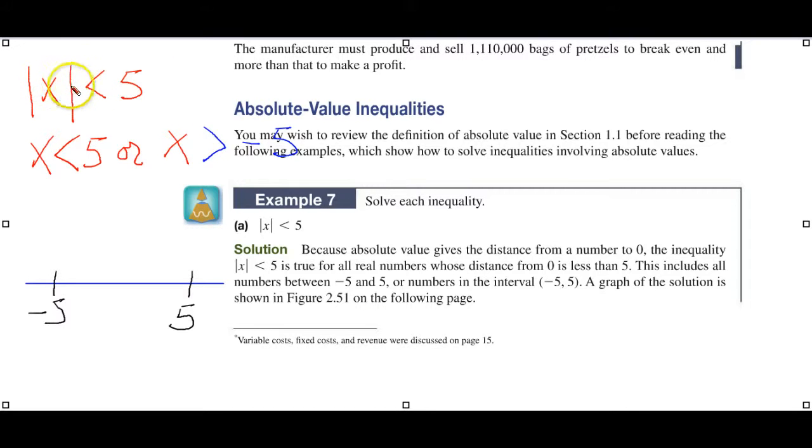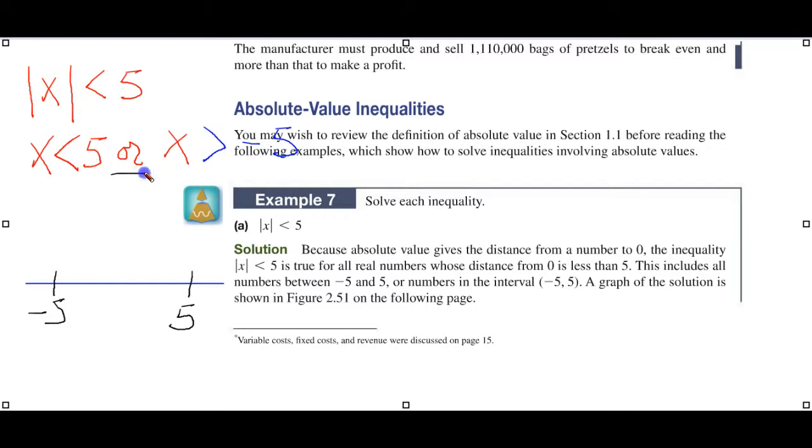The absolute value of x is less than 5. So again, as we did earlier in the course, the absolute value, we take it away and just say x is less than 5. Now we have to write it again.